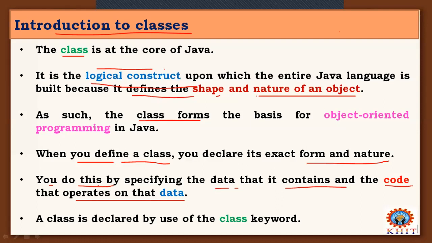So together this data and code we can encapsulate into one construct called a class. Here a class is declared by the use of the class keyword. And we'll see one simple example of how to define or construct a class for a Java program.